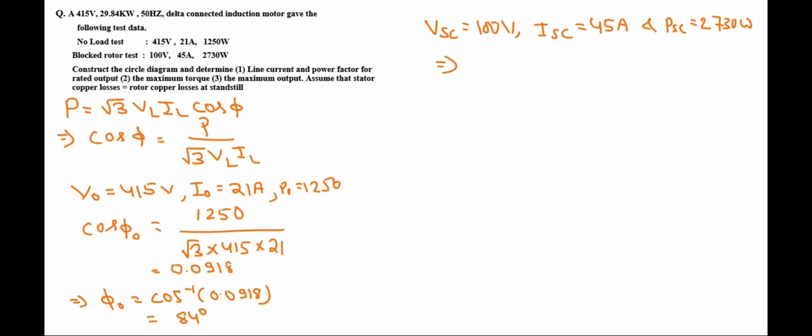Using the same formula, the power factor at short circuit is equal to power 2730 divided by root 3 into 100 volt into 45 ampere, which comes out to be around 0.3503. And phi SC is cos inverse of 0.3503, that will be around 69.3 degree.